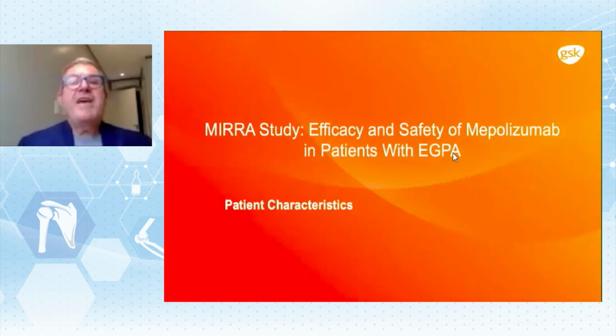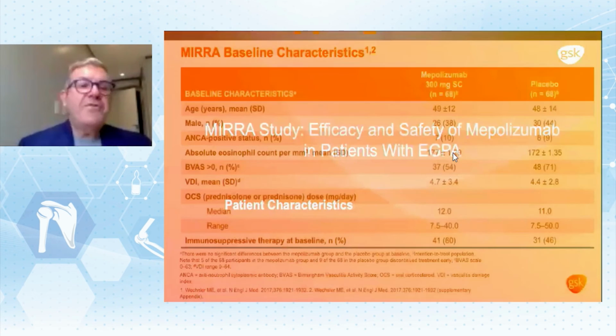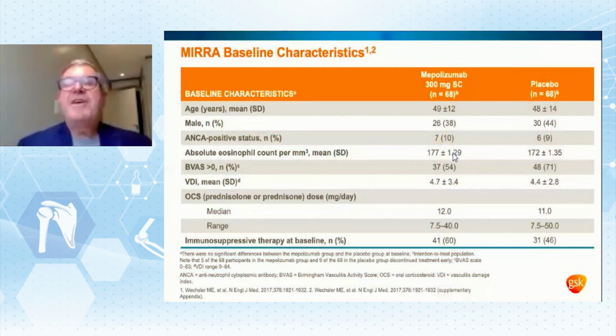Who were the patients that were selected for this study? So here we have the features of 132 patients, 68 in each group. The mean age was around 50. The most frequent group were females. ANCA positivity happened in 10% of the patients.